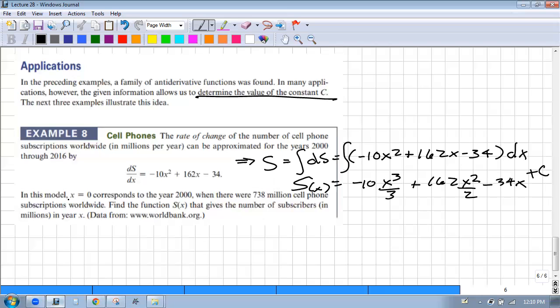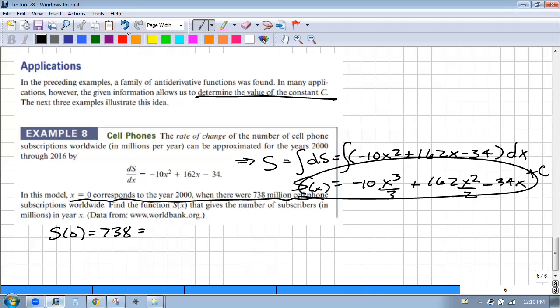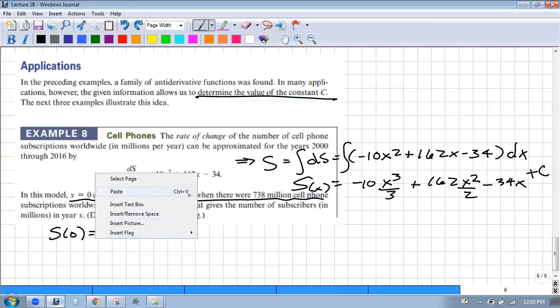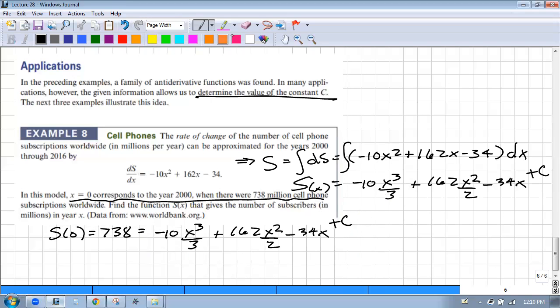Now they tell us that in year 0, there were 738 million cell phones. So in year 0, it would be 738, but this is s of x, right? So I would have all of this, but replace x with 0.